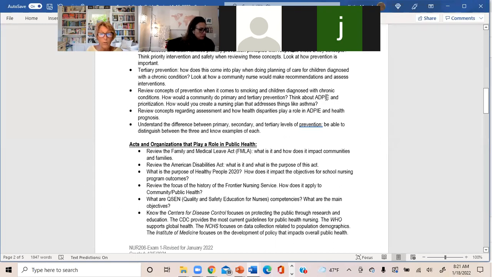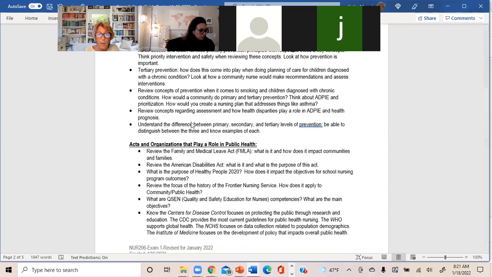What are they going to put in place, your intervention? How are you going to evaluate it? So there's a perfect example of a family assessment with smoking adults and kids with chronic asthma. How would you create a nursing plan that addresses things like asthma?